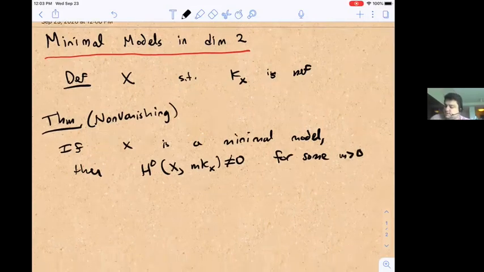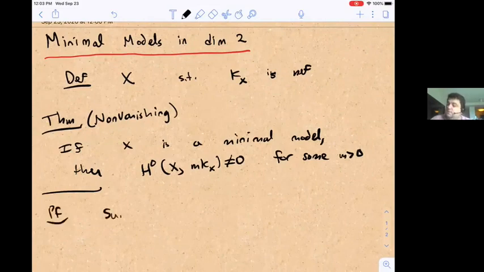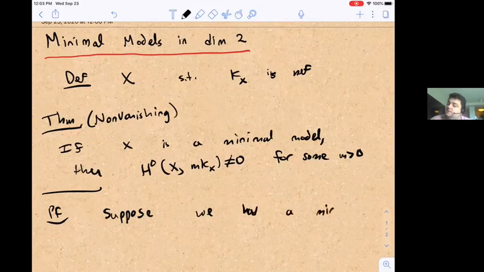And our strategy was to basically derive a contradiction. So we said, suppose we had a minimal model X, but with Kodaira dimension negative infinity.